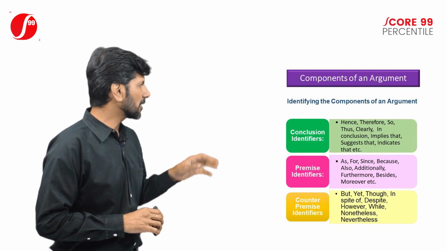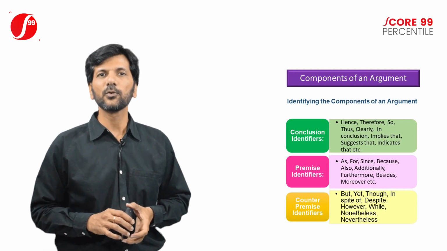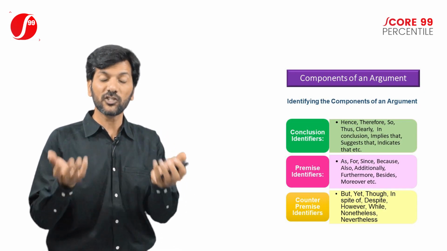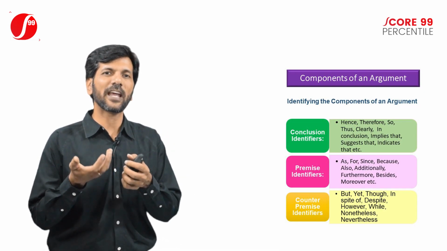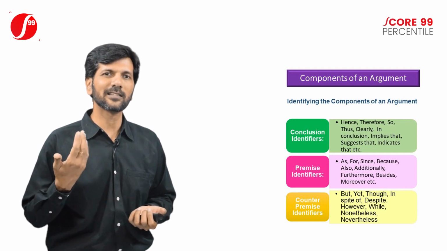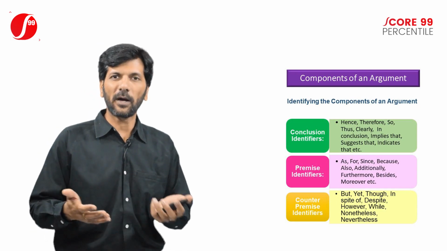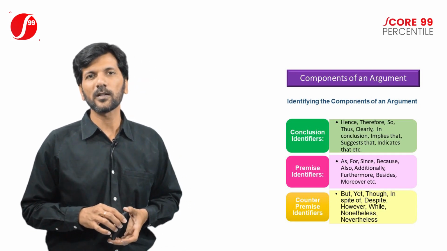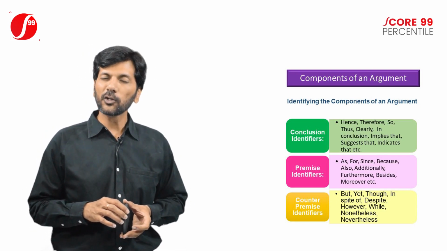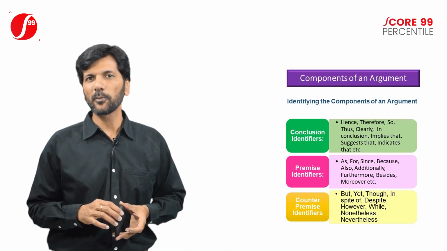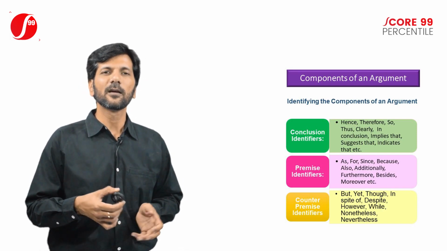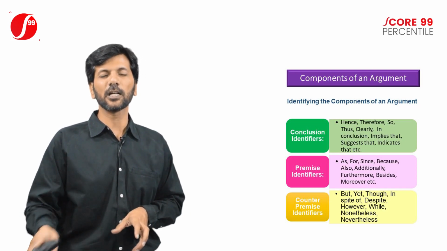Similarly, when you look at premise identifiers, you have words which are first conjunctions, let's say, which explain something like since, because, as, for. That's one part. Then a little while back we also understood that an argument need not have only one premise. There could be multiple reasons put together that derive a certain conclusion.